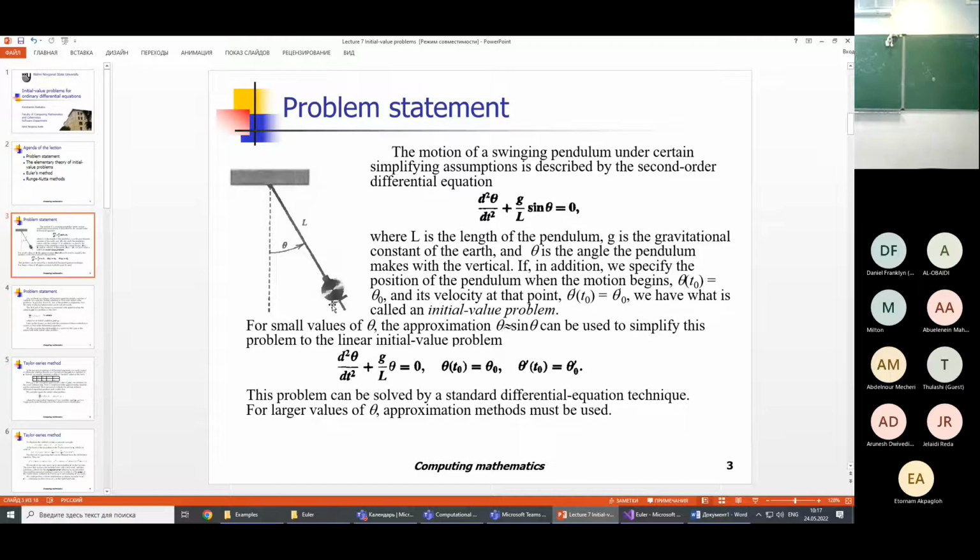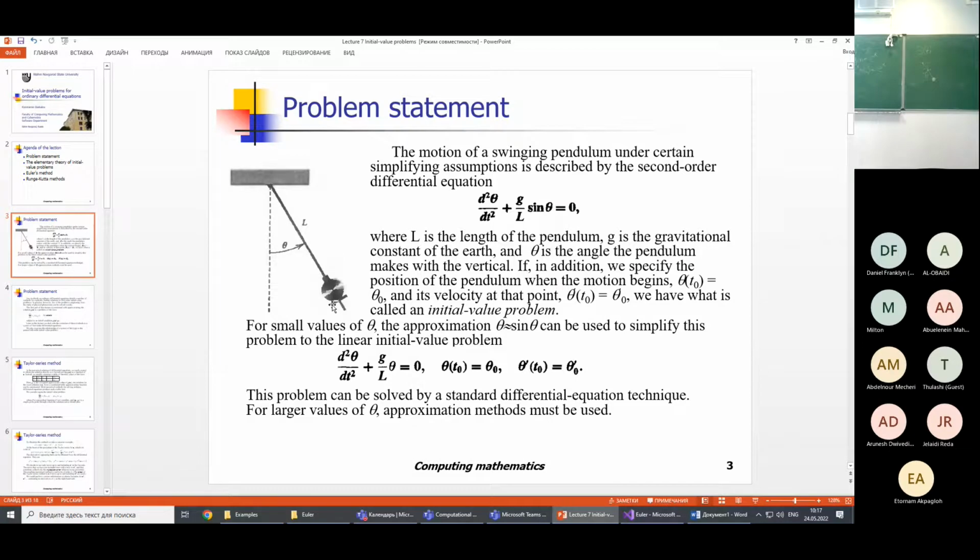And of course, the angle will change in time. The angle will depend on time. Theta depends on time, because the pendulum is swinging and the angle is changing.